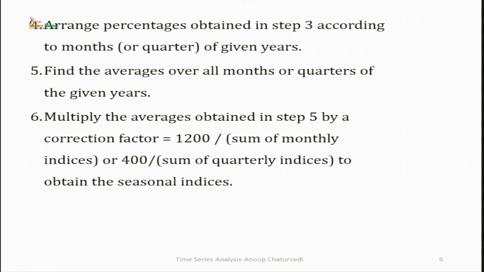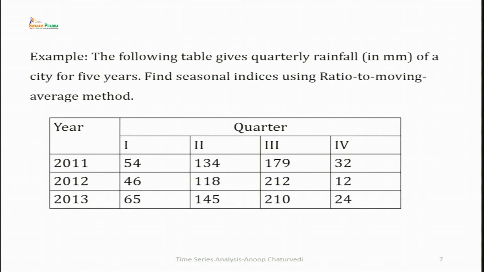Once you apply this correction factor, then for monthly data, the sum of all seasonal indices becomes 1200, or for quarterly data, the sum of all seasonal indices becomes 400. So, to explain this method, let us consider this example.